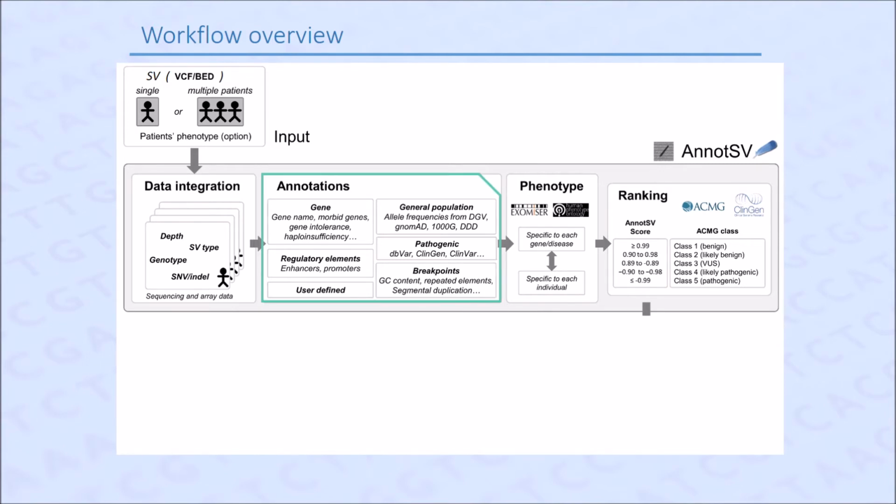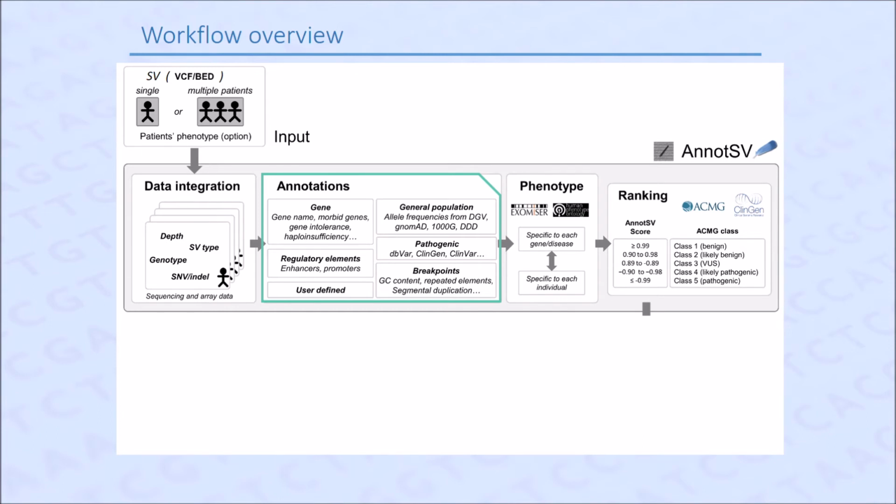Then AnnotSV annotates the SV with more than 60 sources, representing more than 100 fields in the output, and that allows the user to explore different informations. AnnotSV reports the genes overlapped with the SV, as well as gene-associated annotations like protein, gene intolerance, haploinsufficiency, and so on.